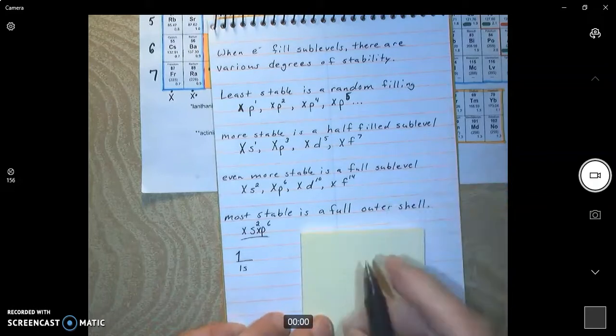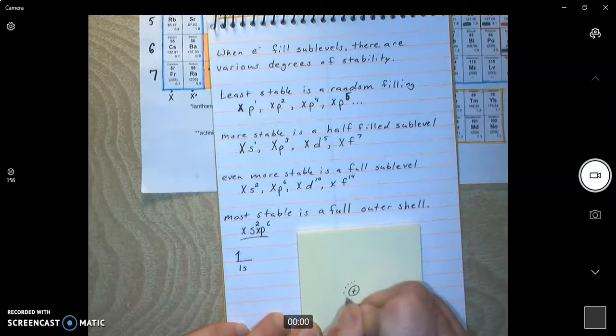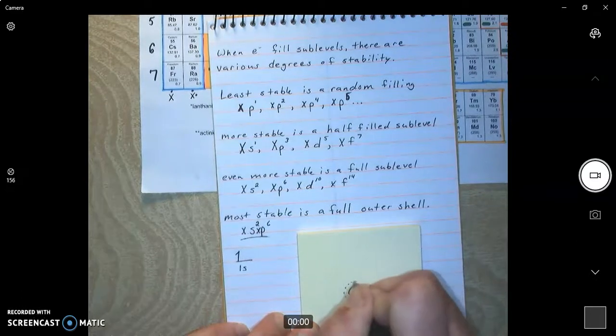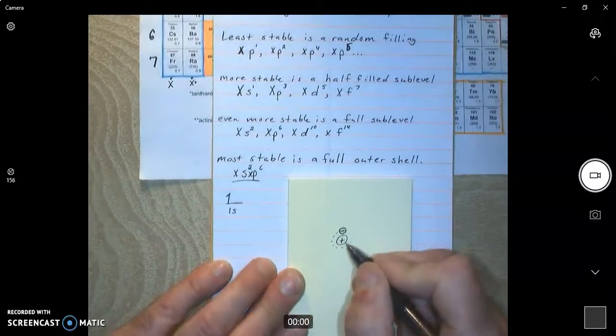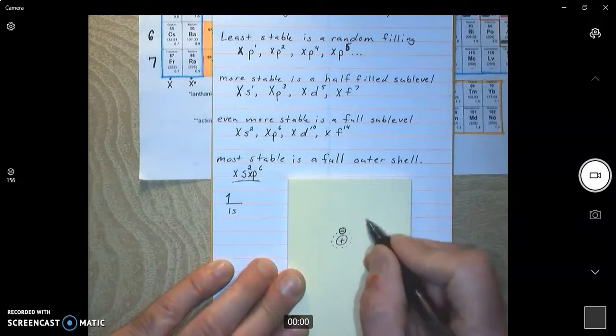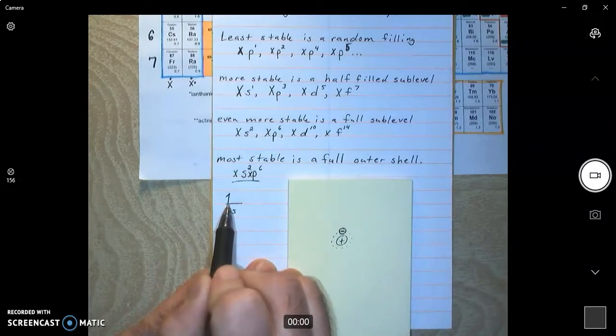So we have our nucleus, right? And that first electron is going right there. There's no shielding, really, really small radius. So that electron is going to require a decent amount of energy to get rid of. It's also a half-filled sublevel.